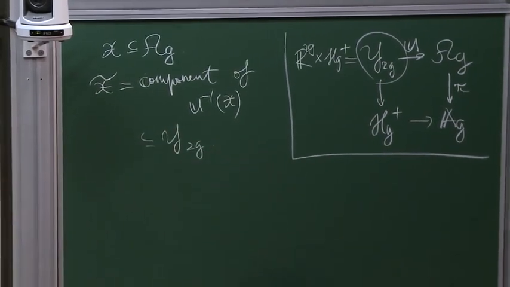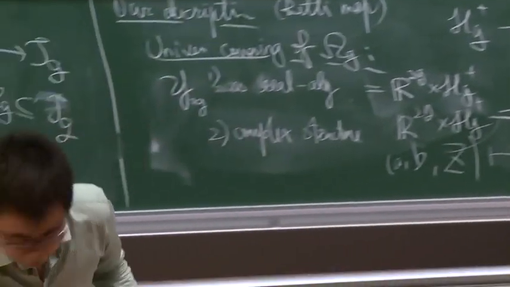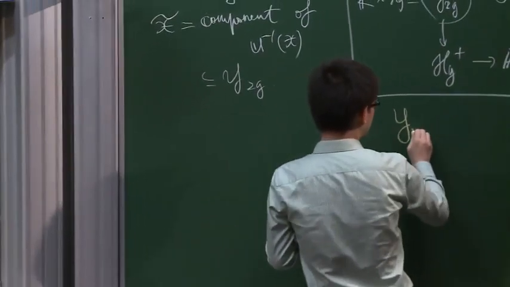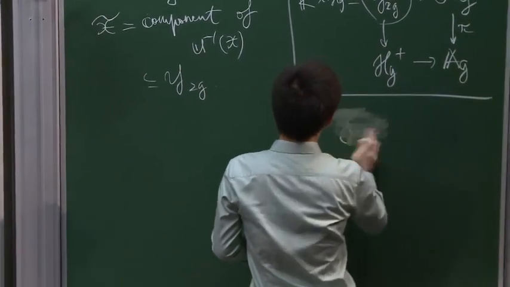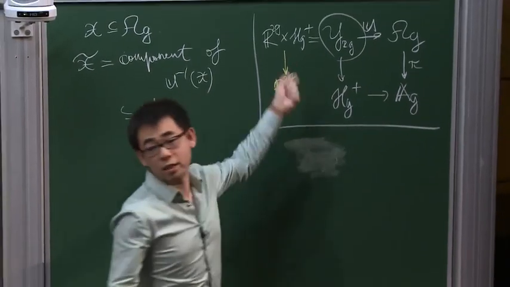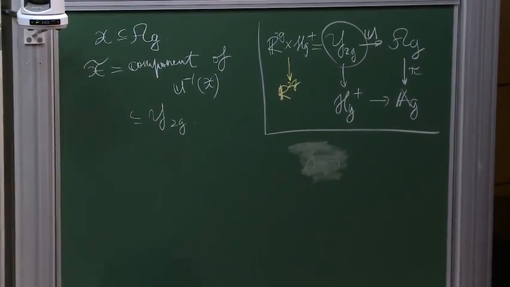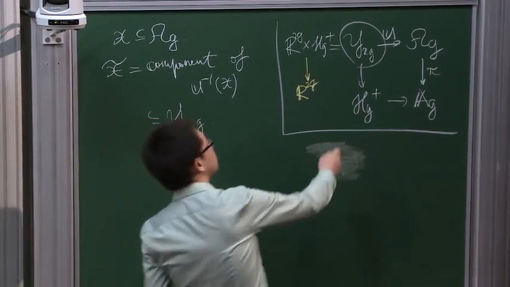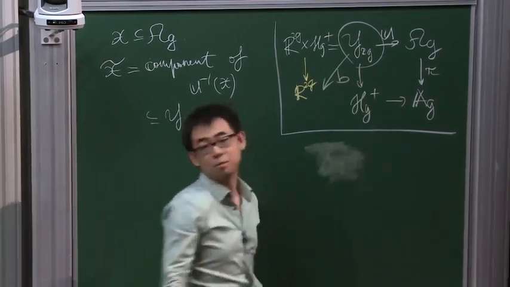And the Betti map is something very, very simple. When we write Y_2G in this way, the Betti map essentially is the composition with the projection to the first factor. This is the Betti map.